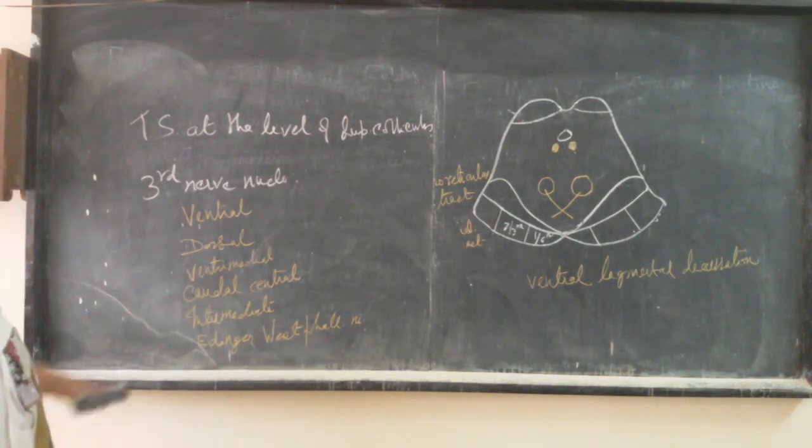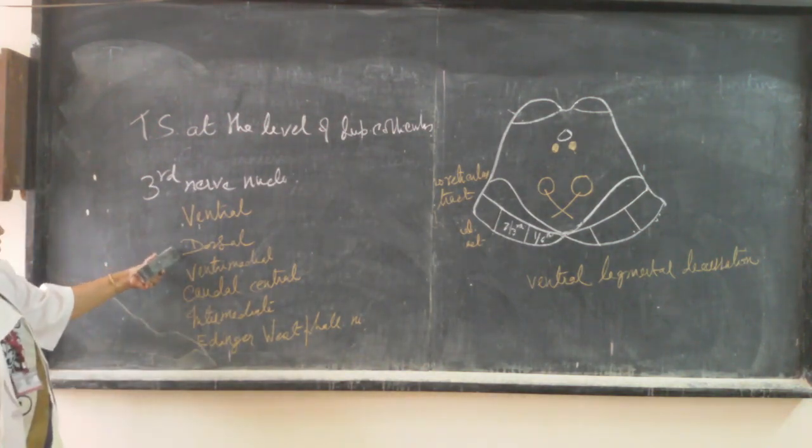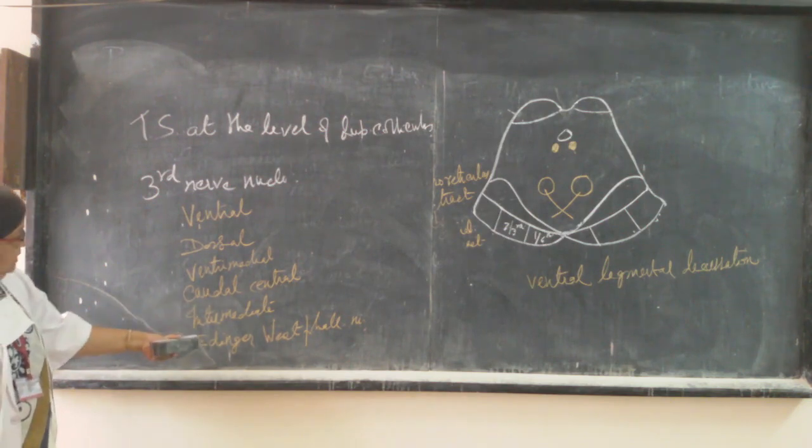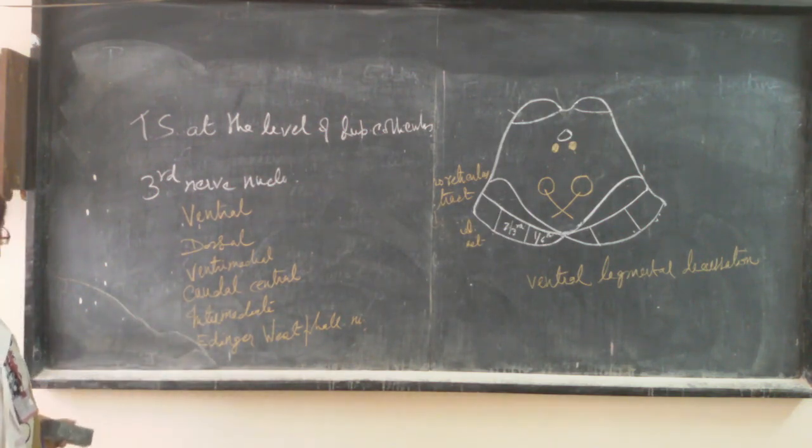These are the subnuclei: ventral, dorsal, ventromedial, caudal central, intermediate, and Edinger-Westphal.